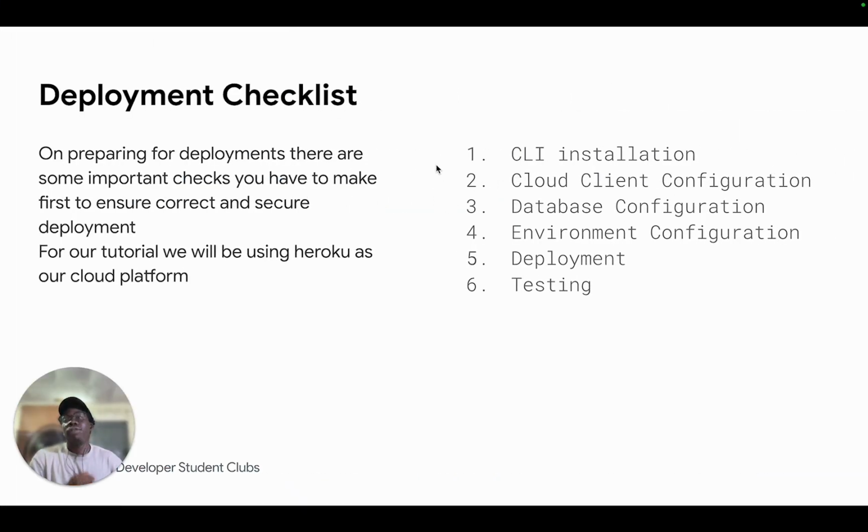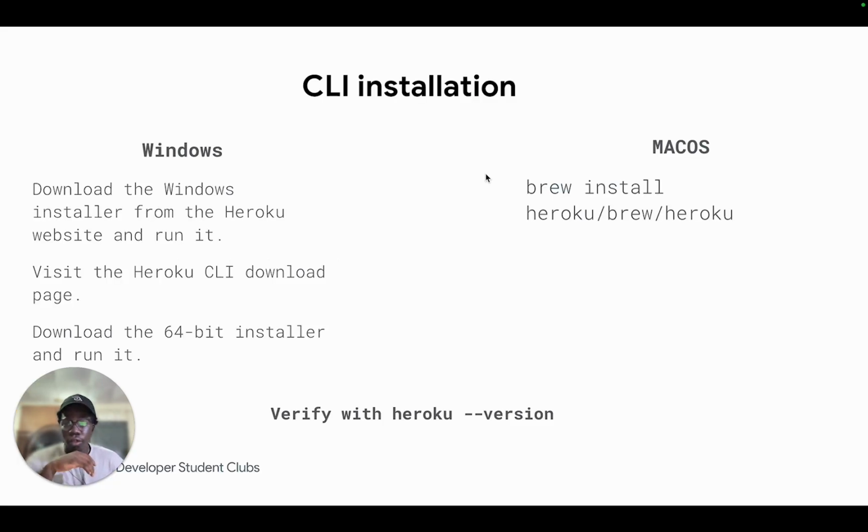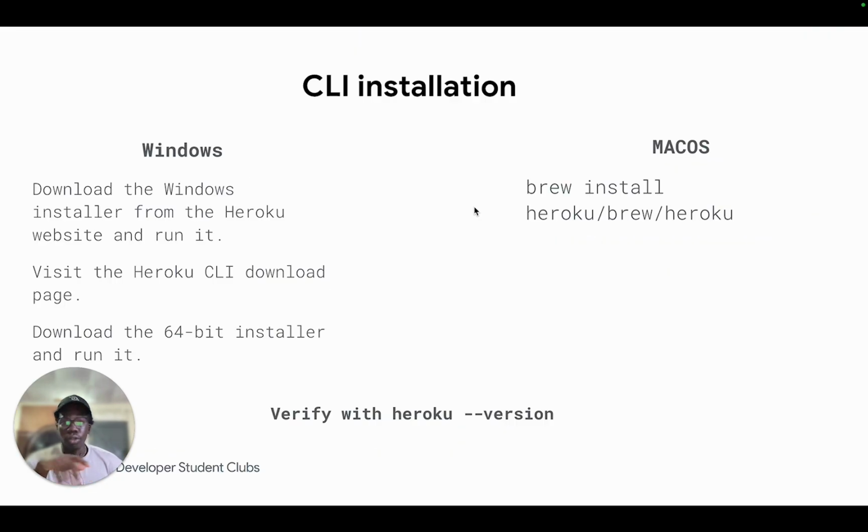The first deployment checklist item, like I said, was CLI installation. This will make things easier for us working through the terminal. So we have to install the Heroku CLI. For Mac, the command to install it is just brew install heroku.